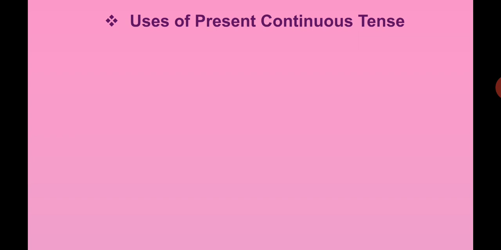Then what will you say? I am writing. So what is your action? Yes, writing. You are continuously doing this action at the time of asking and at the time of your answering. You are writing. That's why writing is in the present continuous tense.